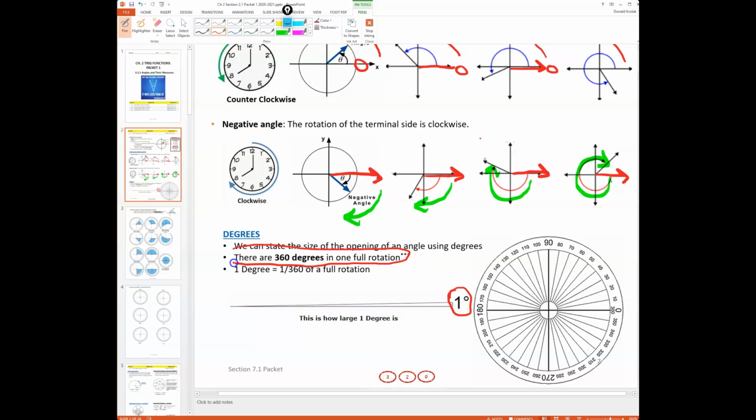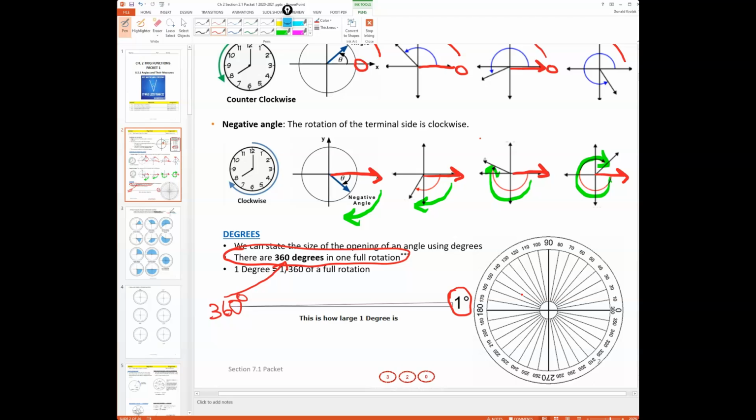Why not 400 or 200 or 100? Well, it was a long time ago the Babylonians decided on 360 slices. So it was really sort of an arbitrary choice on why a degree is a circle divided into 360 slices. They decided it, and it just stayed that way.